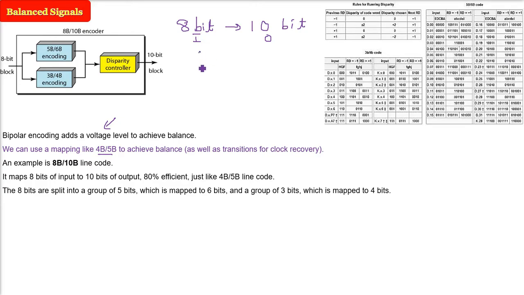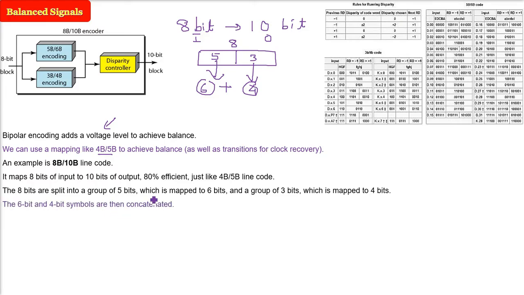See, there are 8 bits, and these 8 bits are split into a group of 5 bits and a group of 3 bits. The first 5 bits will be mapped to 6 bits, and the next 3 bits will be mapped to 4 bits, and this 6 and 4 will then be concatenated, or combined.